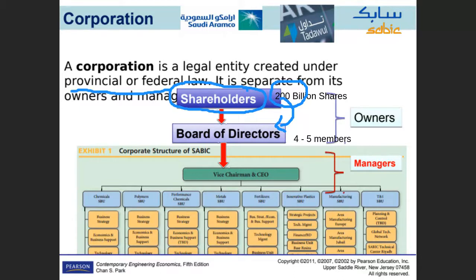What they are doing is hiring managers, a CEO, or CFOs, or some engineers. They appoint them, whatever title you call it. It could be president, director, CEO, general manager, whatever title is not important. Different organizations use different titles.